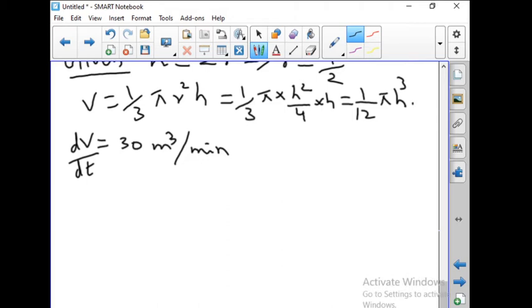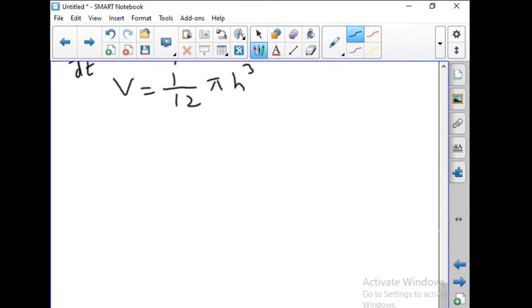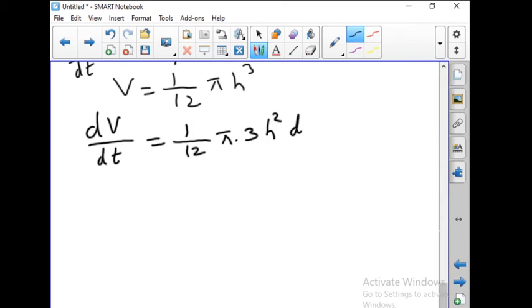So now V is equal to 1 by 12 pi h cube. We will differentiate this with respect to t. When you differentiate, dV by dt is equal to 1 by 12 pi, differentiation of h cube is 3h square into dh by dt.